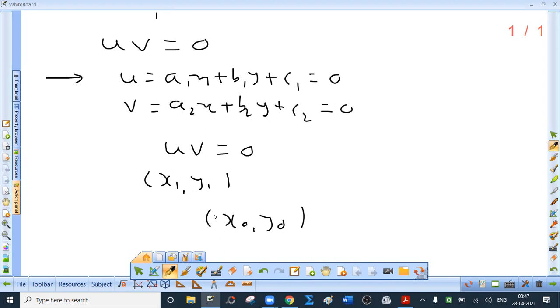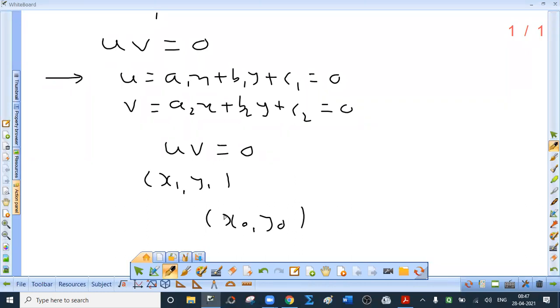This means x0, y0 lies at least on one of the two lines, u equal to 0 and v equal to 0. And therefore, I can say that uv equal to 0 represents the combined, that is joint equation of lines u equal to 0 and v equal to 0. Is that clear?